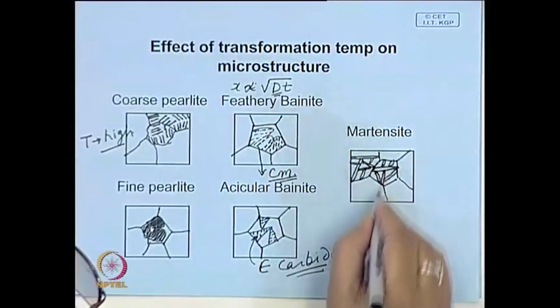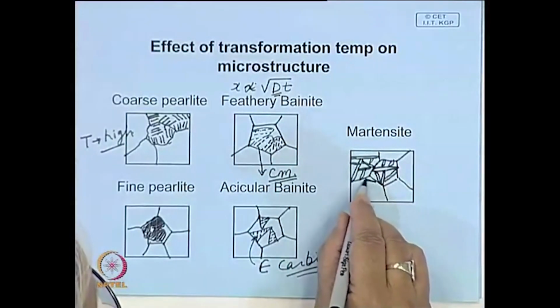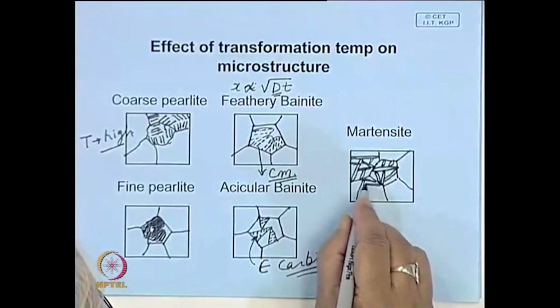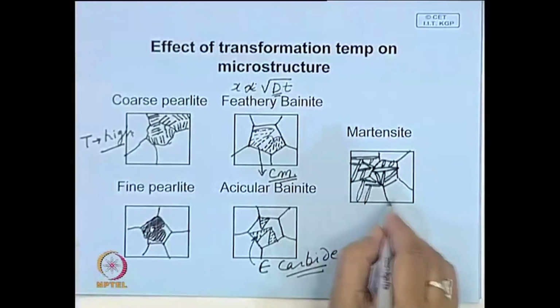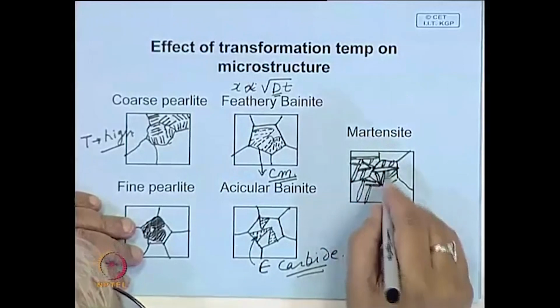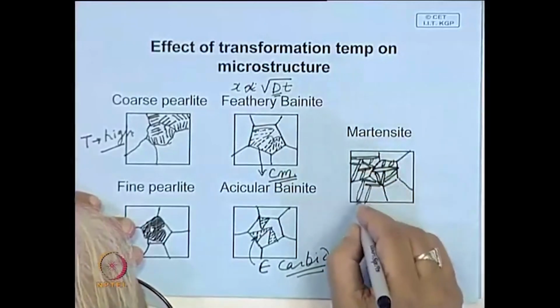So, it is a little difficult to etch, and later on when we look at heat treatment, we will see that if you give a little tempering treatment, then they etch very easily, when carbide precipitates out in these platelets.